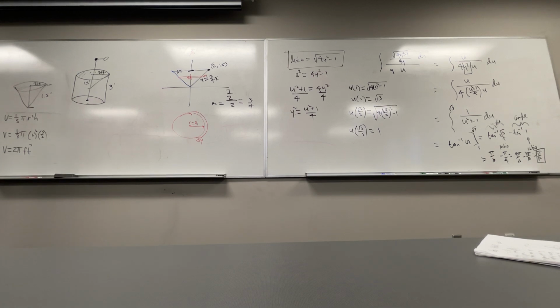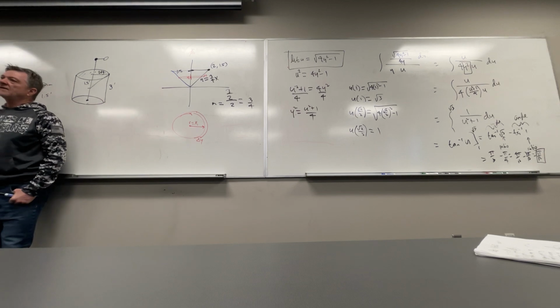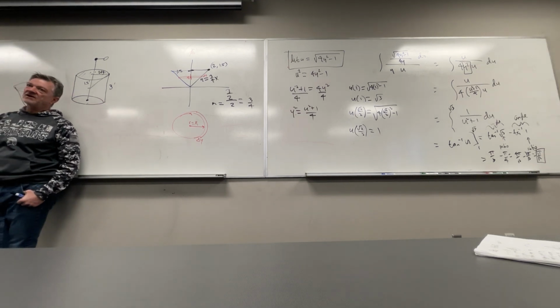But I see a problem. Do you see a problem? My width is in what form? What variable? Y. Yeah, delta y. And my radius is x. So what would you do about that if you were you? What did we do when we did the area problems?